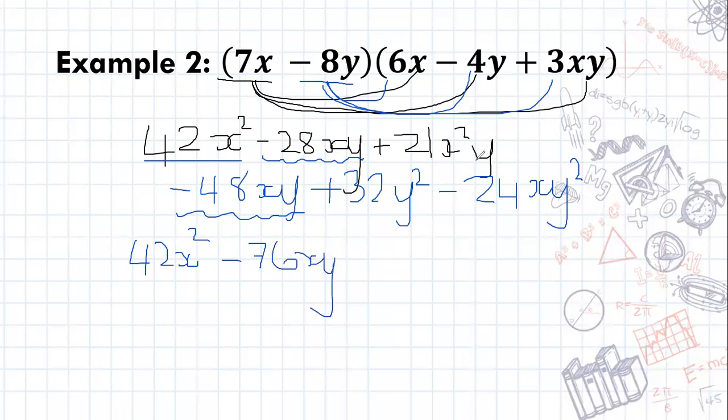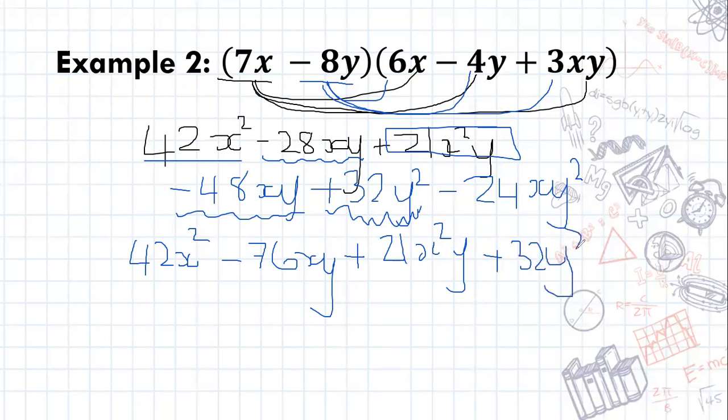xy. Then I have plus 21x squared y, and there's none like that. So I'll write plus 21x squared y. I've got plus 32y squared, and there are none that are the same. So we'll write that down.